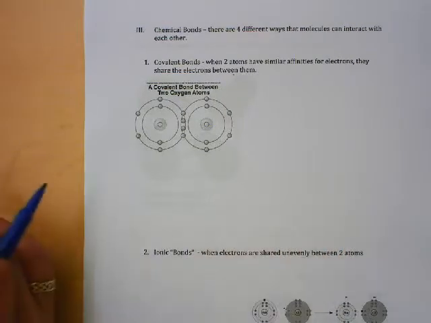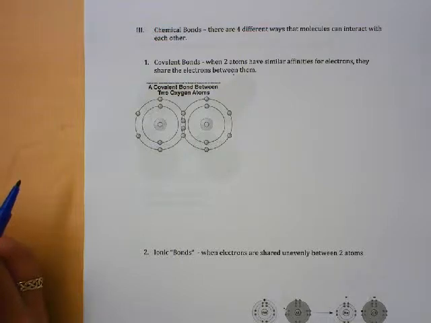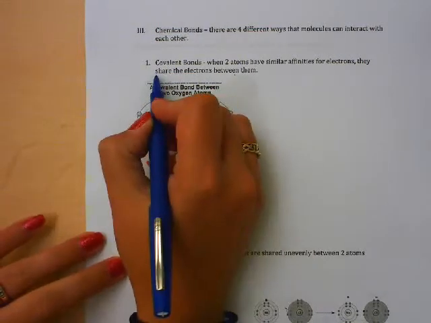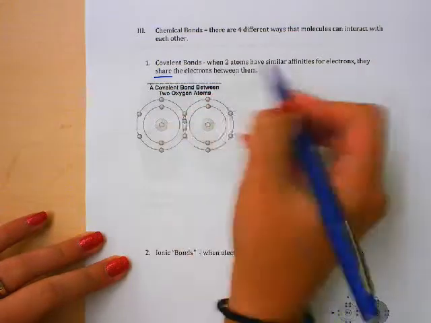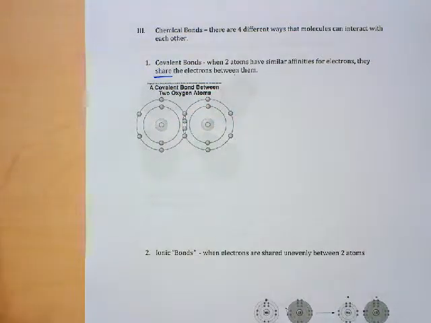So the first one is a covalent bond. That's when electrons are shared between 2 atoms.